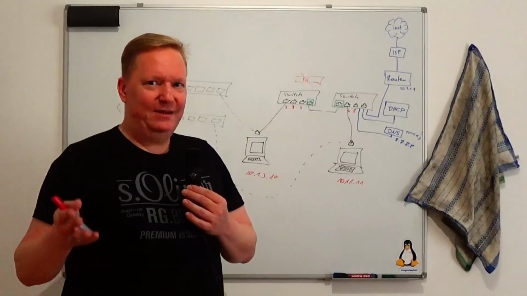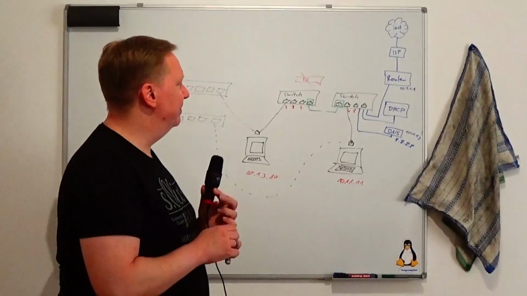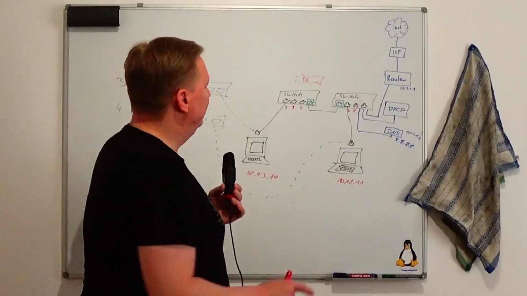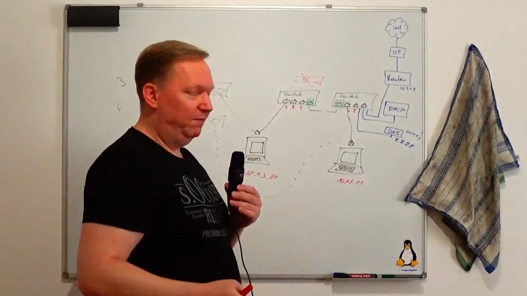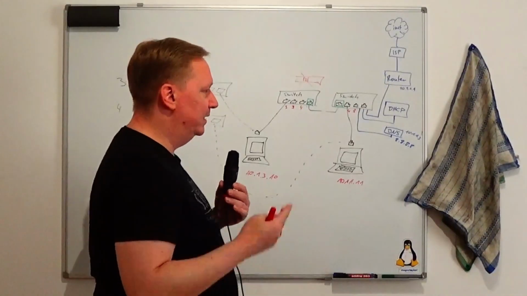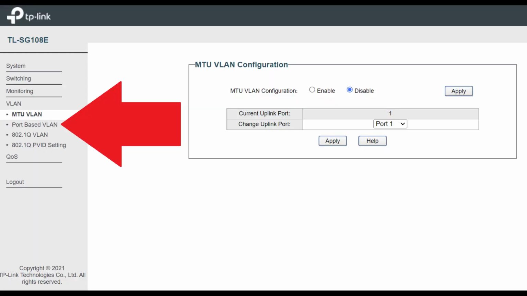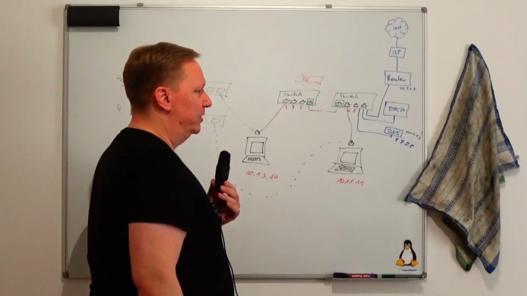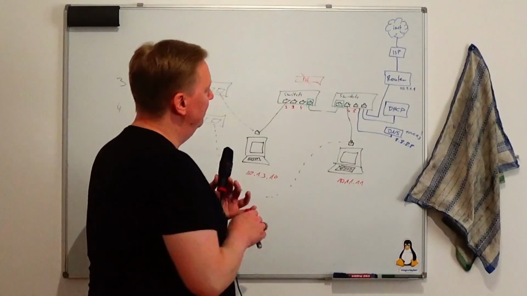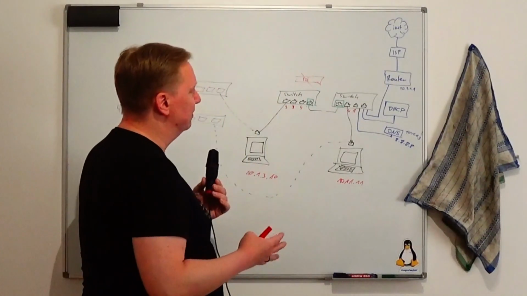Well, I have to admit I've oversimplified things a bit. You see, in reality, ports don't have only one VLAN assigned to them. I mean, in port-based VLANs that would be the case, but we've decided to go with 802.1q VLANs. And in 802.1q VLANs, ports can have multiple VLANs.